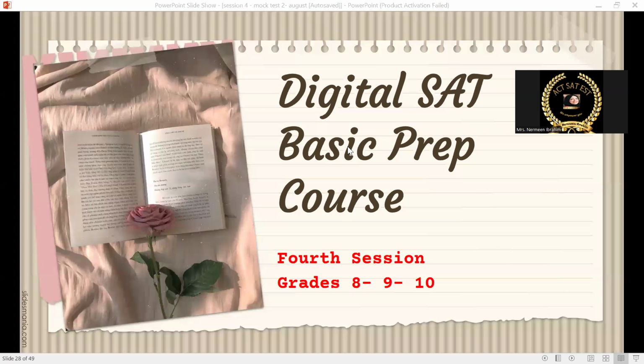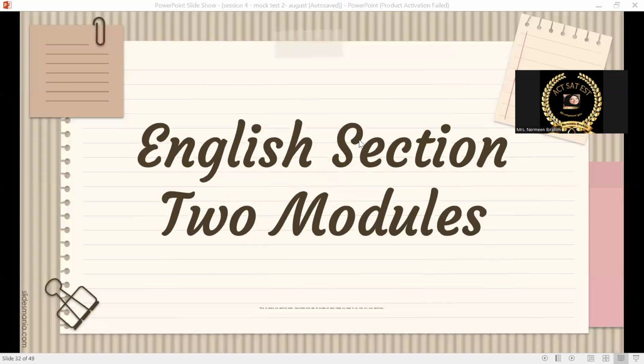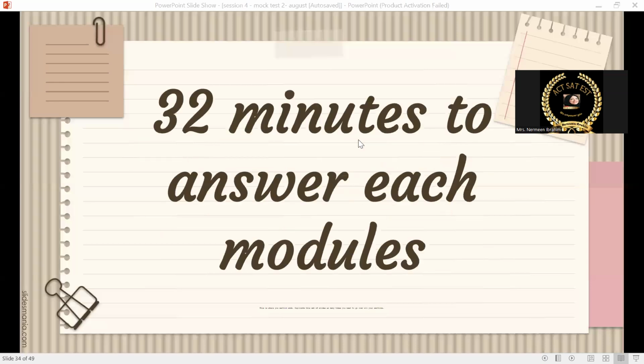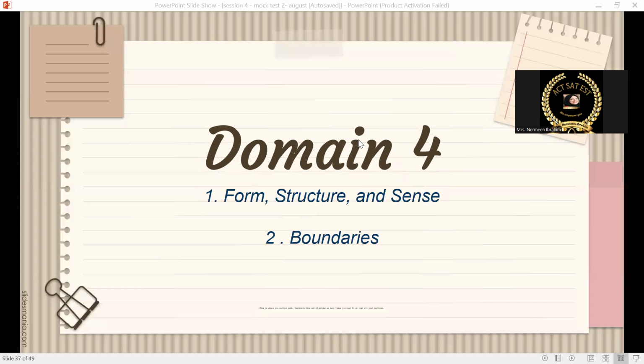This is our fourth session, and we discussed many topics and many interesting facts about digital SAT. We said how many modules and how many questions in every module and how much time you need to answer each module. And we said that we have 4 domains in which all the types of questions are classified in the English section.